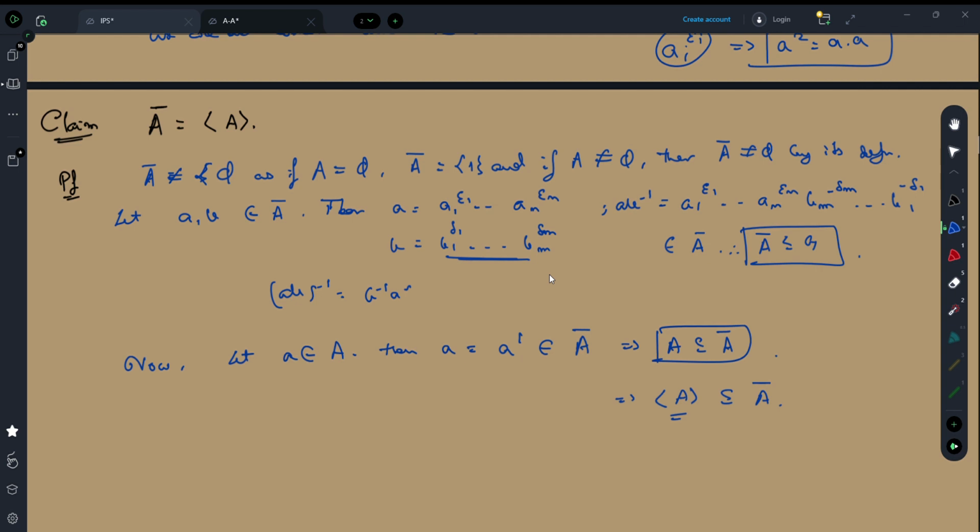Okay. So yeah. Now we need to show the other side of the containment. Now how can we do that? Let me think a bit.